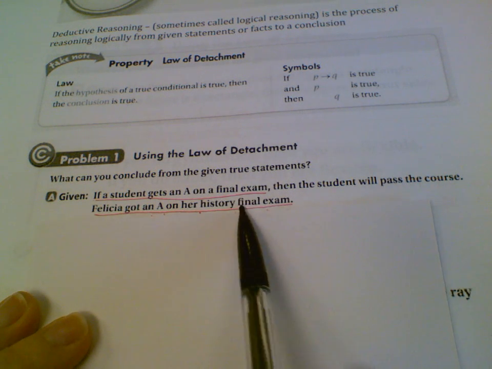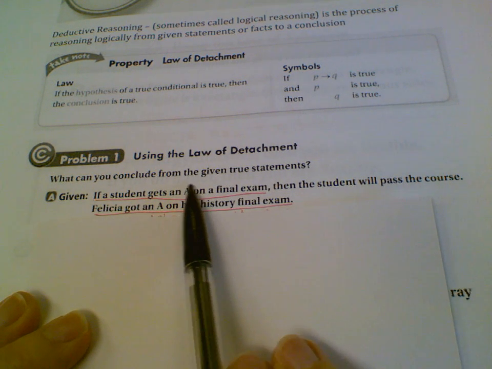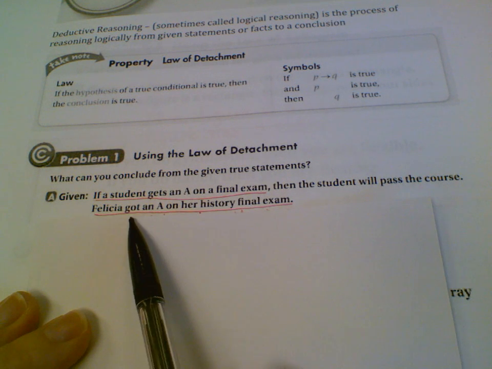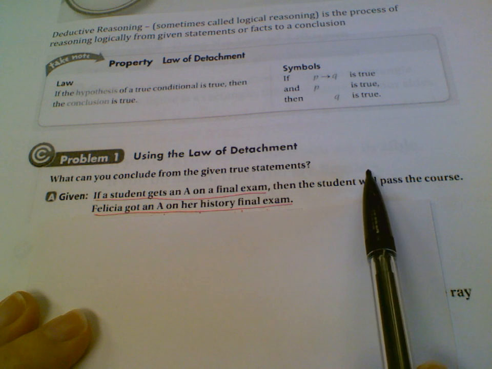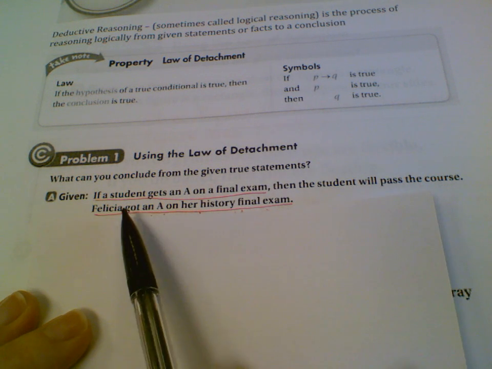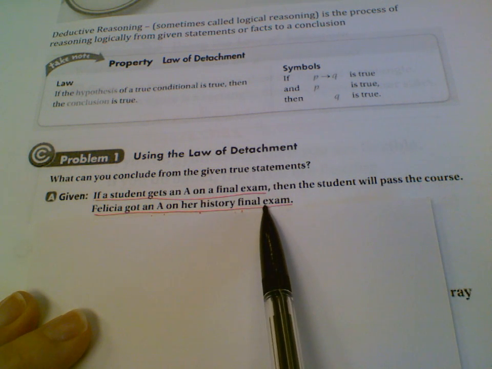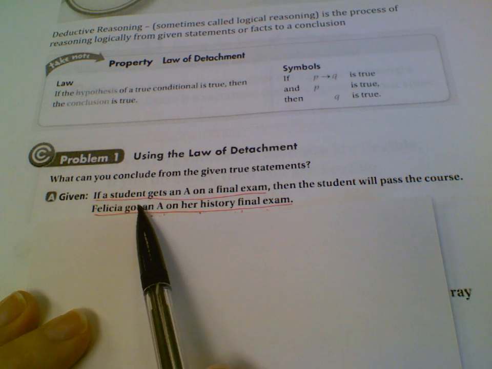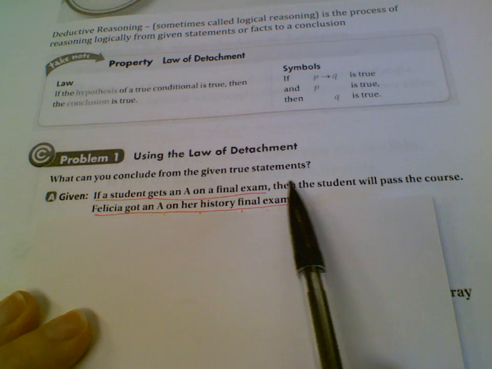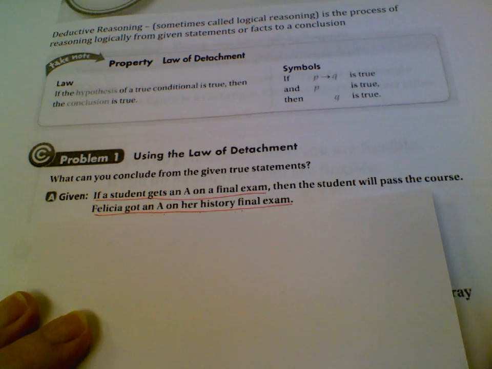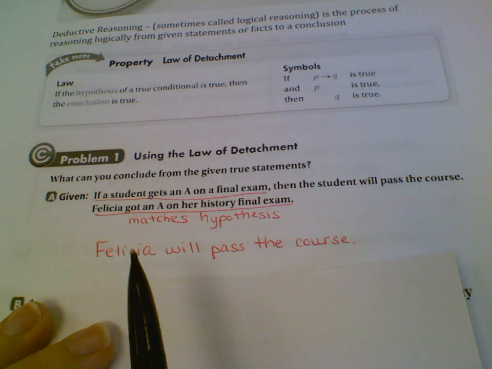If this statement matches what you have in the hypothesis, then I can go ahead and conclude that Felicia would be in this conclusion part. So, Felicia got an A on her history final exam, so that means she matches the hypothesis. So then to conclude, Felicia will pass the course. So my conclusion is just that.